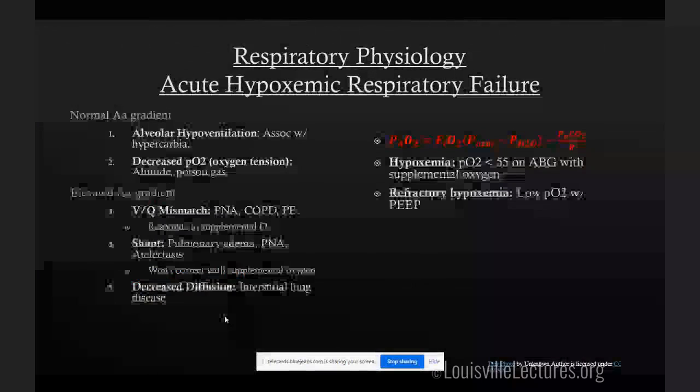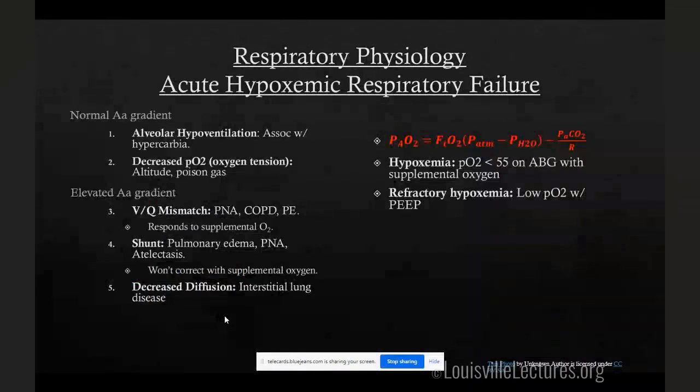To begin with pathophysiology, let's first talk about hypoxemic respiratory failure. When we think about hypoxemic respiratory failure, we should think about it in terms of 5 causes. Here I have the alveolar gas equation, which you can just mentally discard. But the key point here is that hypoxemia is usually defined as a PO2 of less than 55 on an ABG.